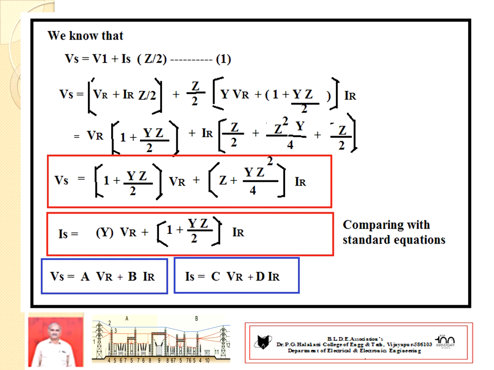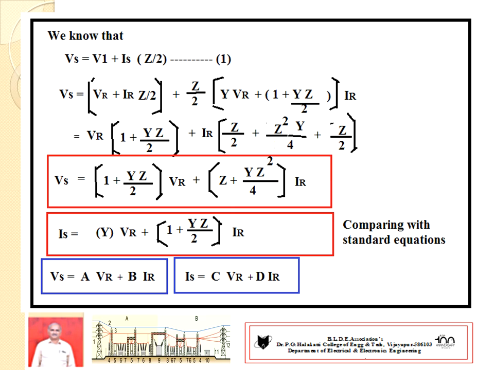Compare the Vs expression, first term Vr. Vr is multiplied by 1 plus Yz by 2. Therefore A equal to 1 plus Yz by 2. Similarly, for the B term, Ir is multiplied by Z plus Yz square by 4.